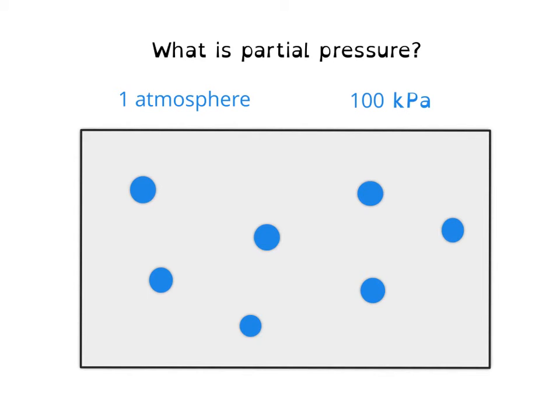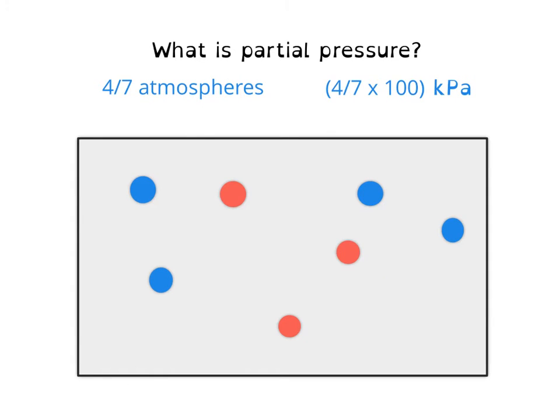So let's imagine that we leave these blue particles of gas, and it turns out that they can react and turn into red particles of gas. So now we've reached a position where it's at equilibrium, and it turns out that now there are 4 particles of blue gas and 3 particles of red gas.